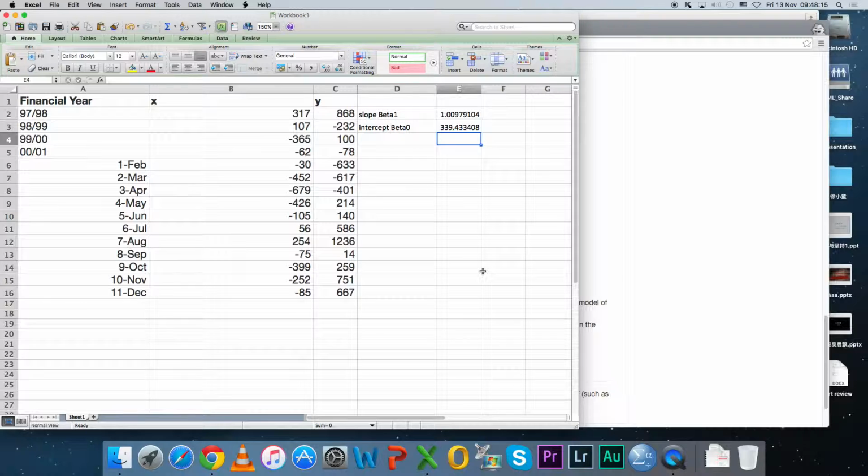When you use the regression model to do the estimation, it should be equal to 200 times 1.0098 plus 339.4.